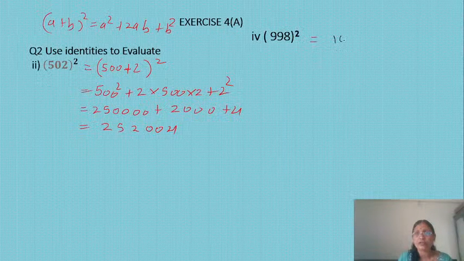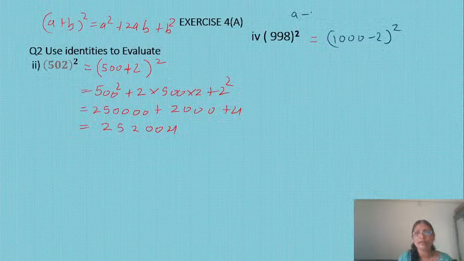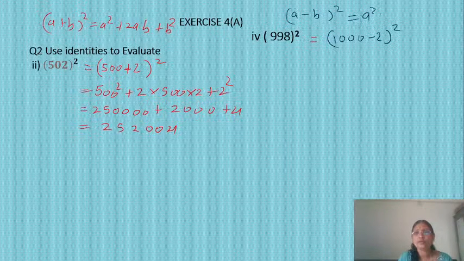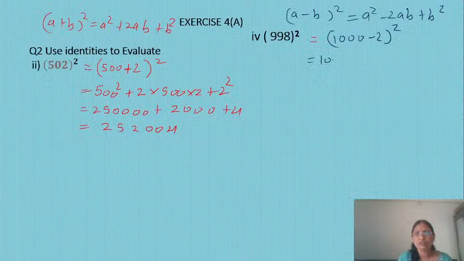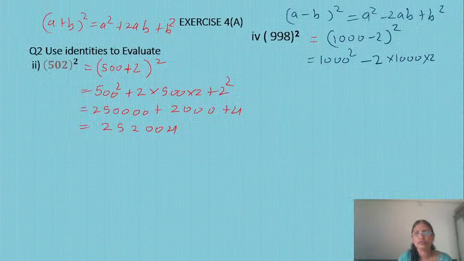Okay, so this is 1000 minus 2 the whole square. Here we will use the identity (a minus b) the whole square is equal to a square minus 2ab plus b square. So a is our 1000: 1000 square minus 2 into 1000 into 2 plus 2 square.